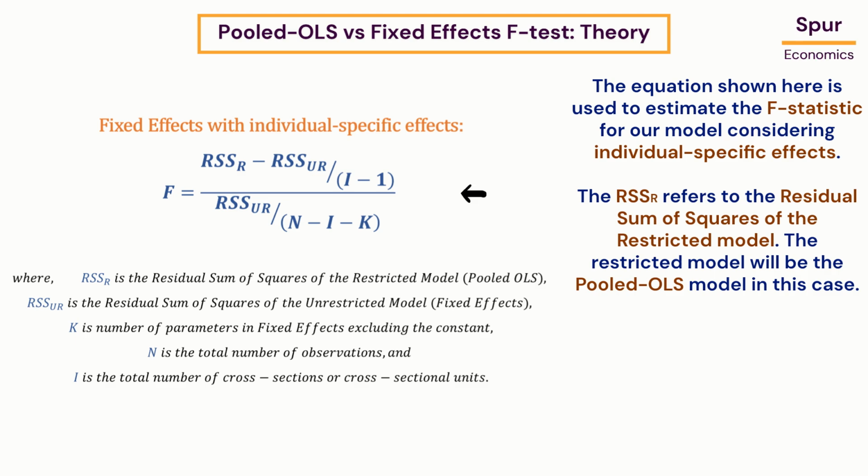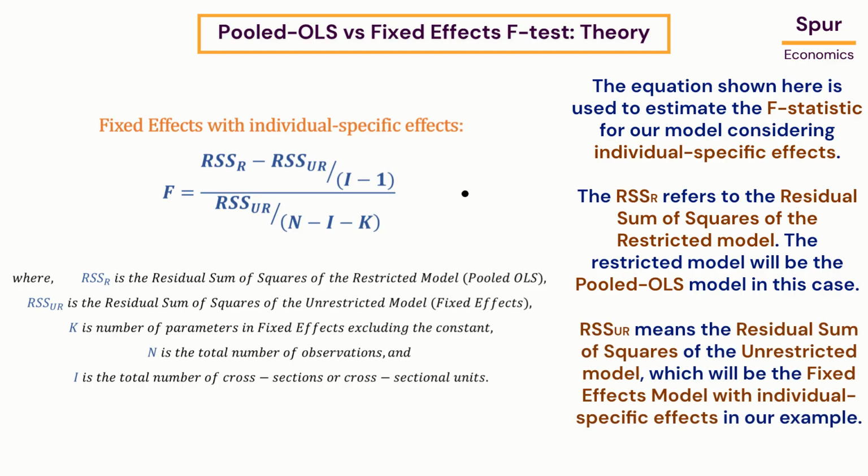The equation shown here is used to estimate the F-statistic for our model considering individual specific effects. The RSS refers to the residual sum of squares of the restricted model. The restricted model will be the Pooled-OLS model in this case. RSSUR means the residual sum of squares of the unrestricted model, which will be the fixed effects model with individual specific effects in our example.